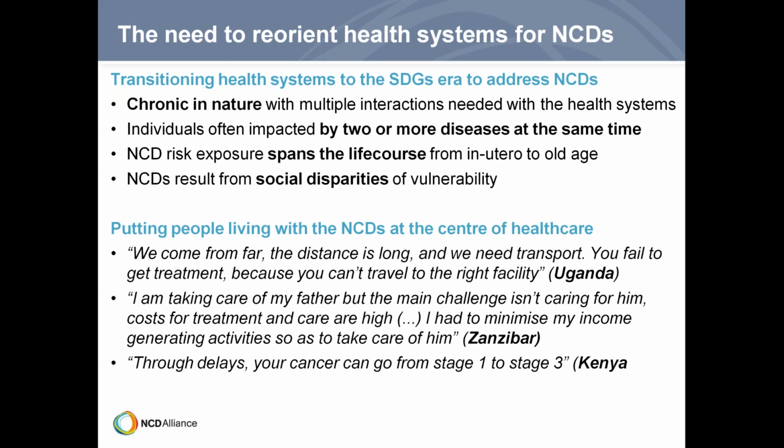And that obviously cuts across the different NCDs, the different interconnections between hypertension, diabetes, etc., as well as the connections between the comorbidity of infectious diseases and non-communicable diseases. Obviously, HIV/AIDS is now a chronic disease, with people living much longer due to progress in treatment. But now many HIV patients are developing diabetes later in life. So it's that challenge of multimorbidity that this report is also trying to tackle.